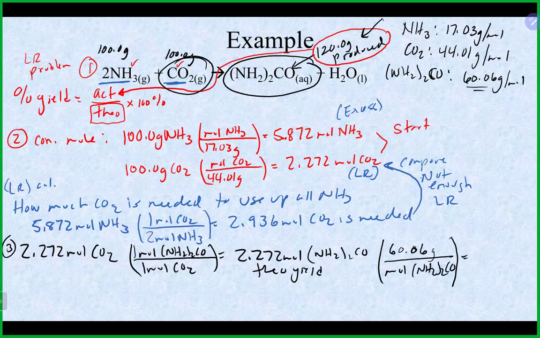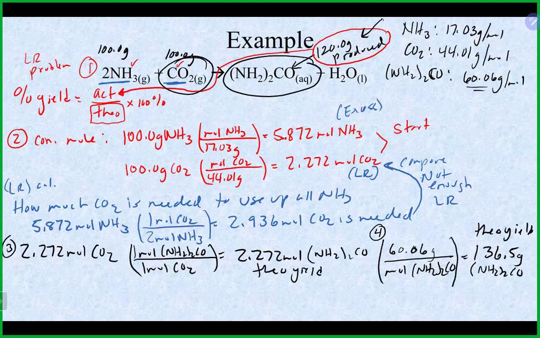And that's going to get us 2.272 times 60.06, which is about 136.5 grams of our product in this case. That is our theoretical yield in grams, and that's obviously our fourth step along the way that we normally do. Any questions up to that point?